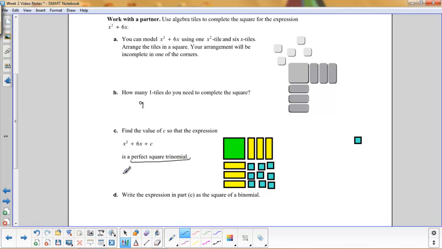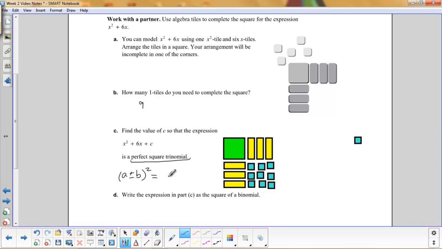Now from what we've learned already, a perfect square trinomial is a plus or minus b quantity squared.